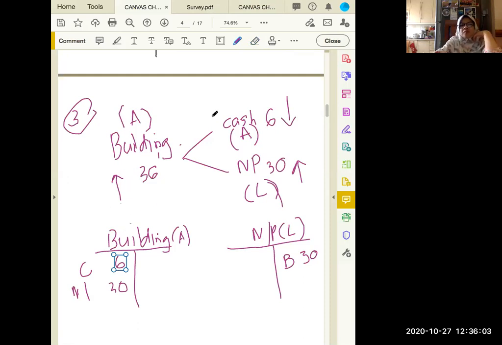So that is what happens to the transaction when you purchase a building of 36,000, which is an asset.